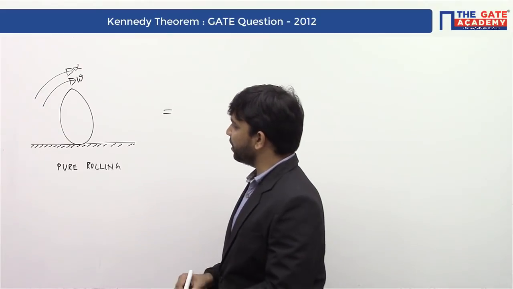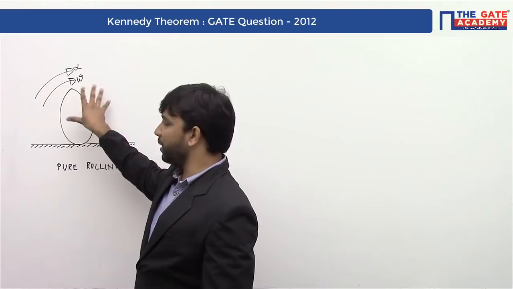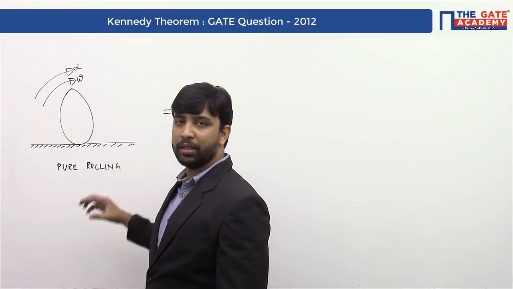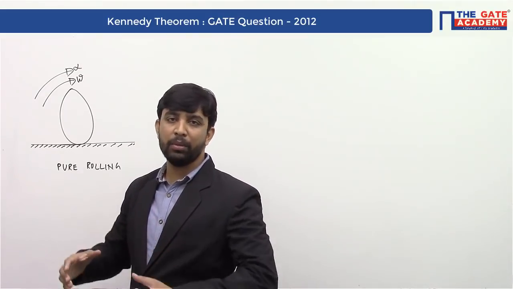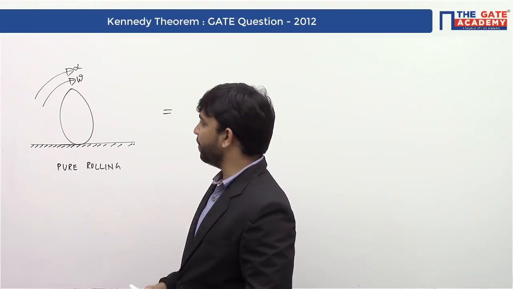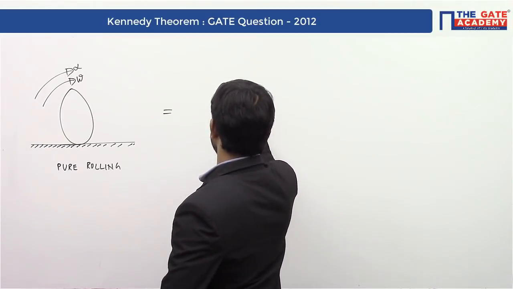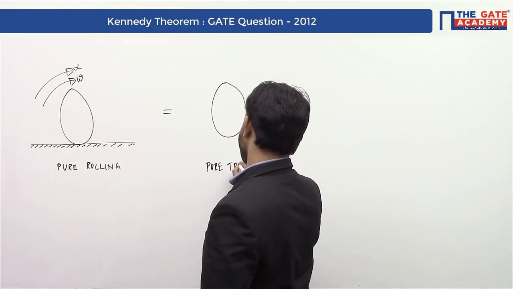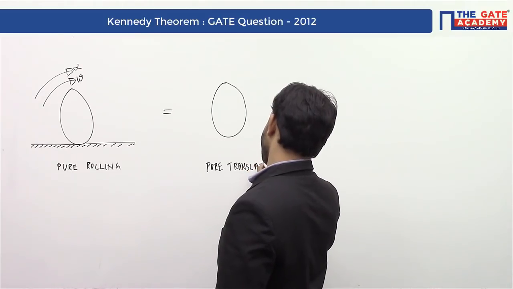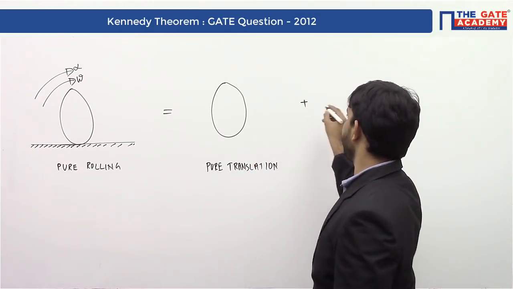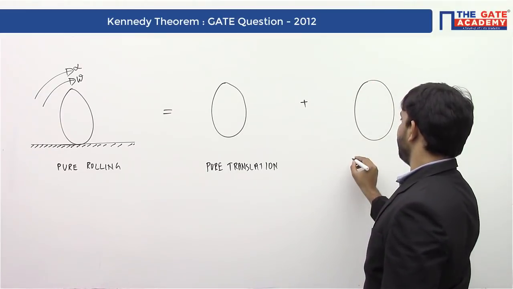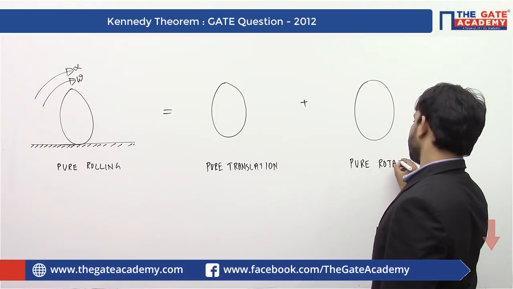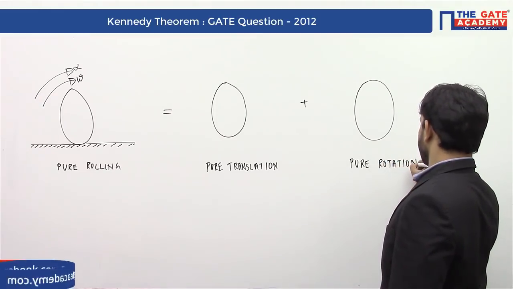Why? Because when the disk is rolling, you can see the points on the disk rotating as well as translating. So pure rolling is a combined motion of both translation and rotation. If I split this motion, it is pure translation plus pure rotation.